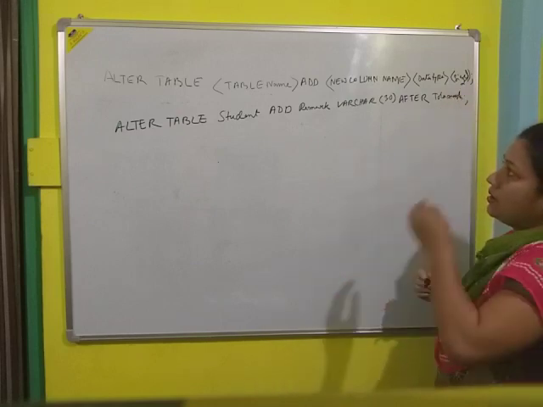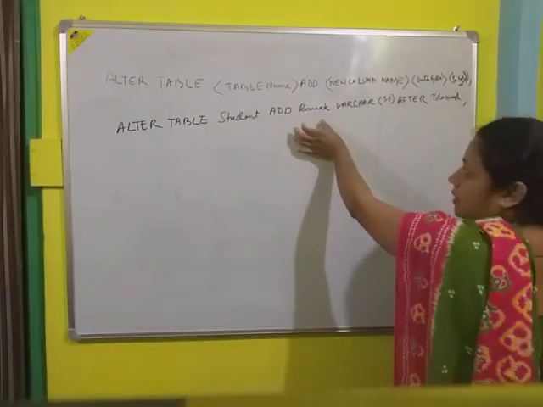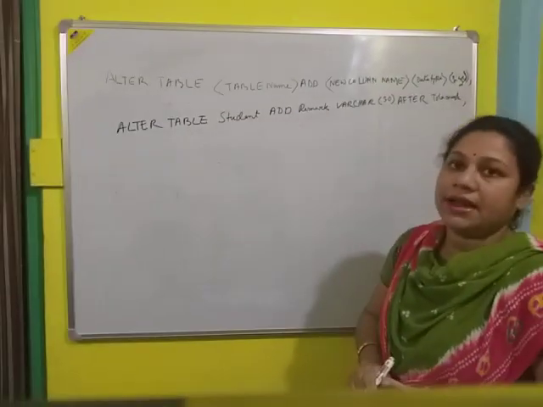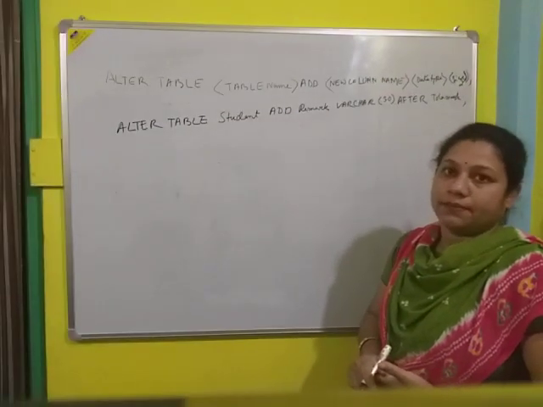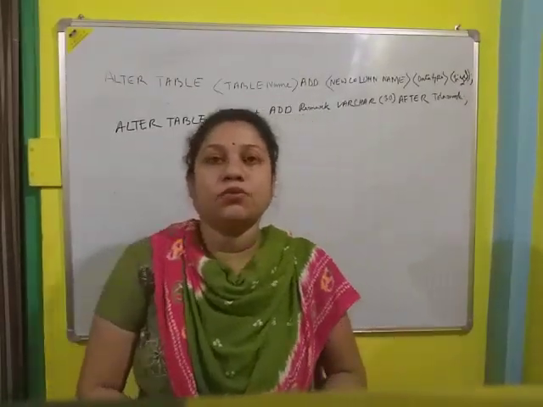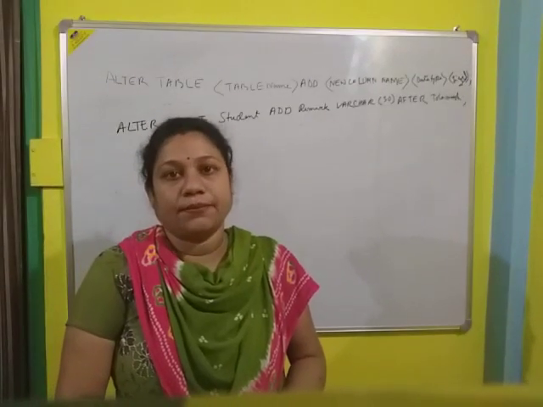So this command will add the new column remark after the field name total marks of the table student.